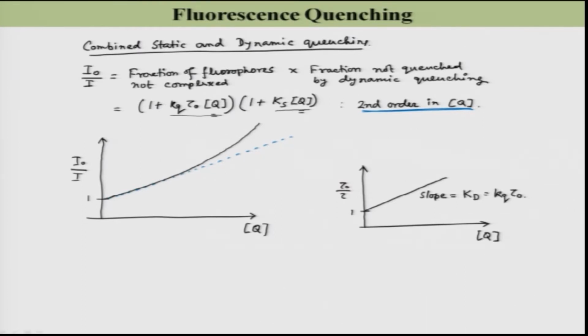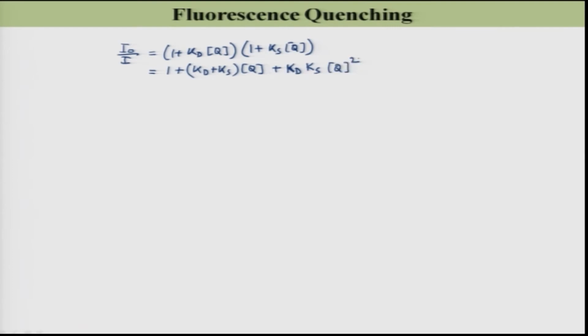Let us do something so that we can get this. Let us write this as I0 by I equal to 1 plus Kd into Q, into 1 plus Ks into Q. So, as I wrote, let us write it as 1 plus Kd plus Ks into Q plus Kd Ks Q square.